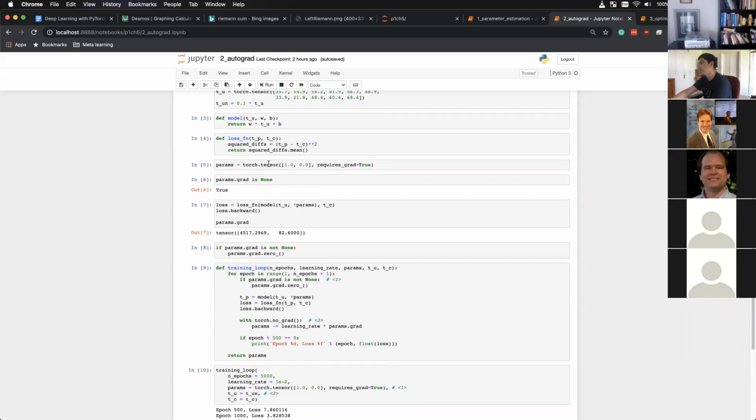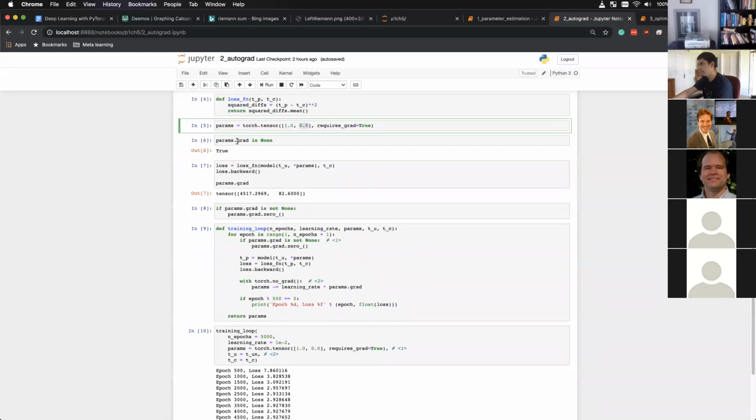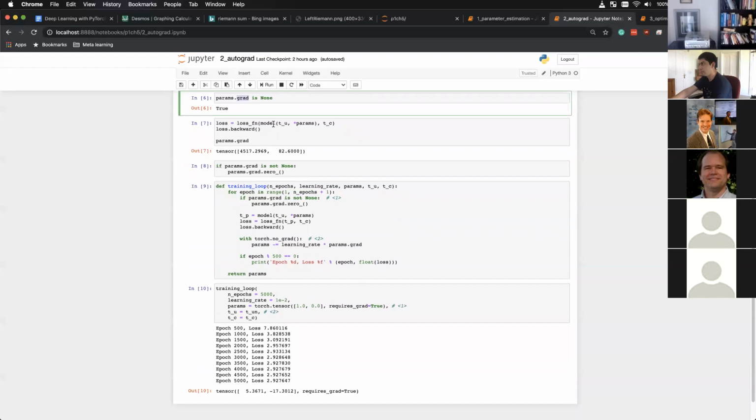So looking at the way this works, we've got our parameters, and we're telling it that it requires the gradient. I think that this is the default actually, so this is just them explicitly turning on the gradient requirement. And so we've got our initial weight and our initial bias, I believe is what they're showing here. And then they're just checking our gradients there. And then they're computing the loss function.